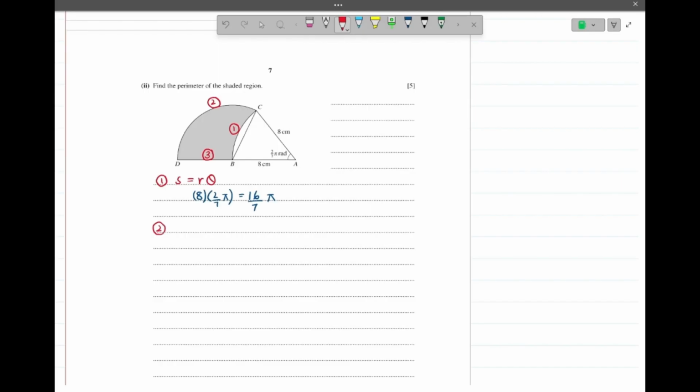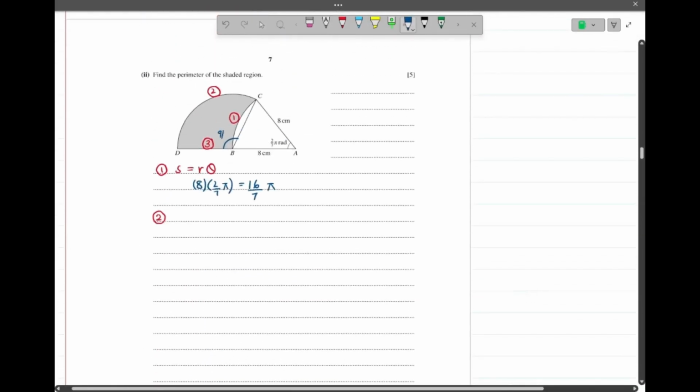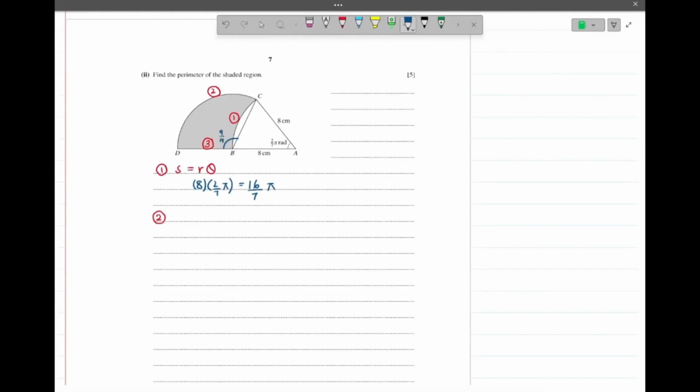Arc number 2 requires some work. First of all, I can see that I have a sector over here. This is the sector. And in this sector, I need to find out the radius in order to be able to figure out the S. I've already figured out the angle over here, which was figured out in the last part, which was 9 over 14 pi. I can just label it. But I still need to find out the radius.